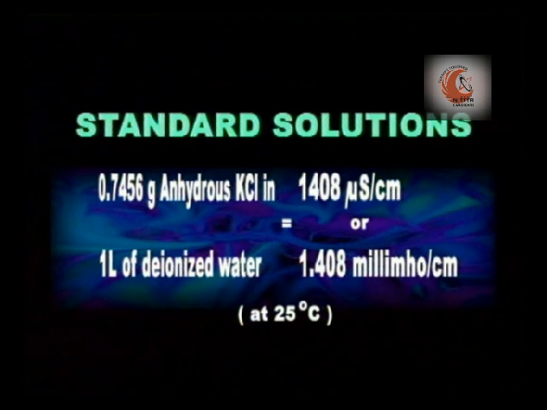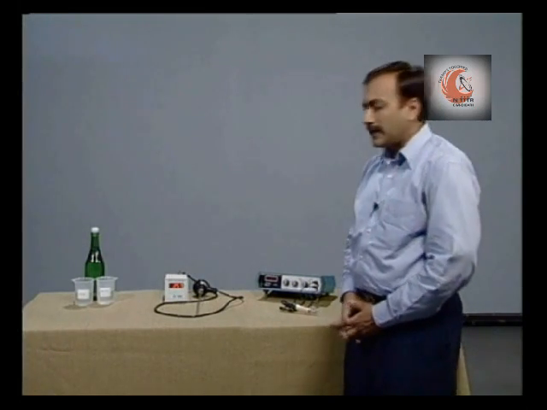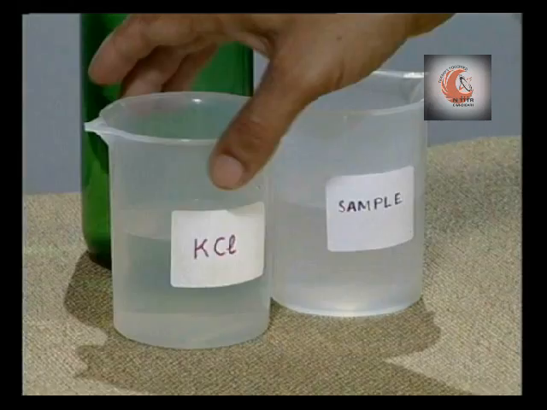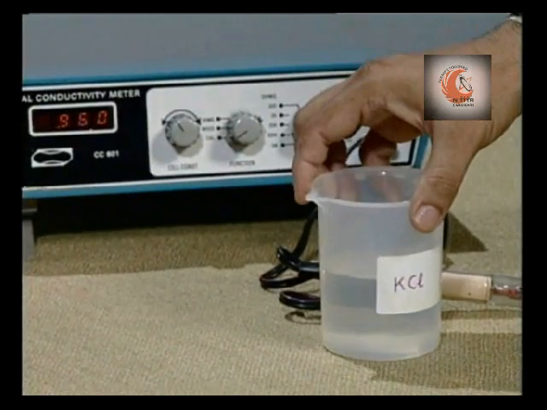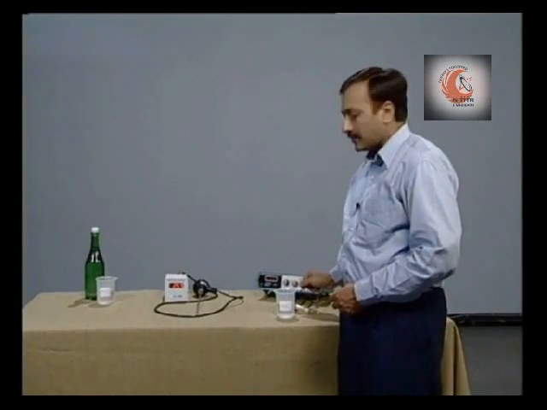This solution has conductivity of 1408 microsiemens per centimeter or 1.408 millimho per centimeter. So, we take the standard KCl solution of concentration 1 millimho per centimeter.